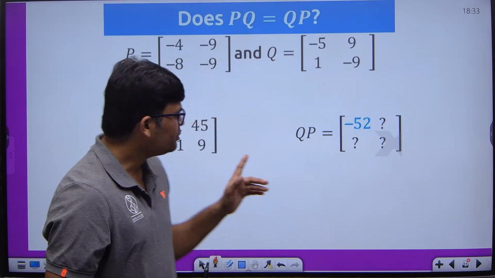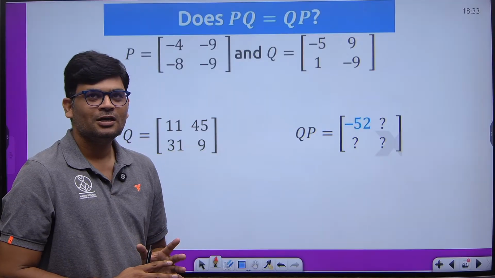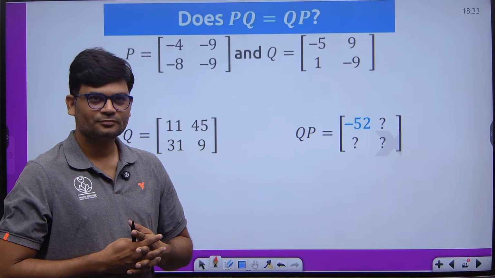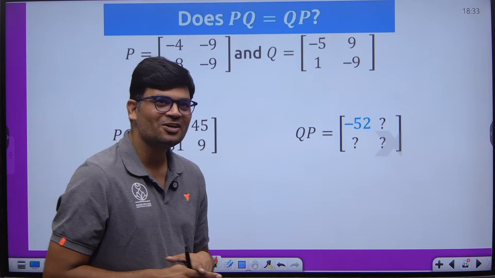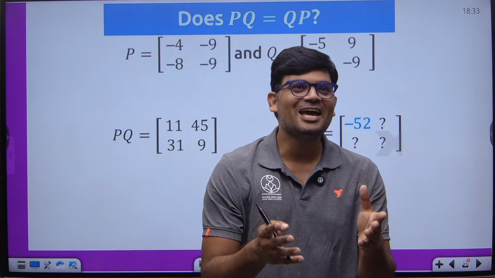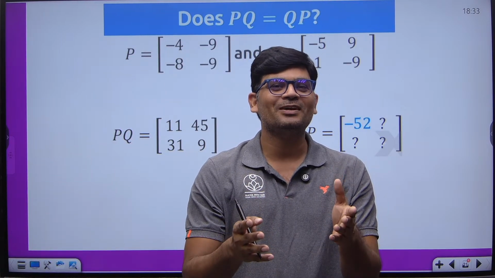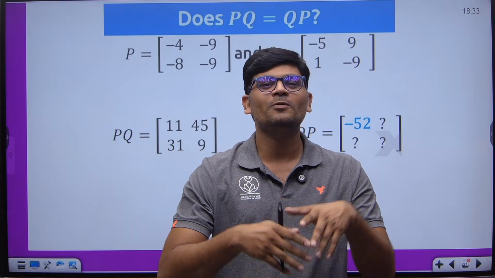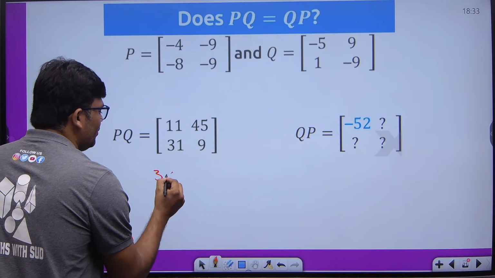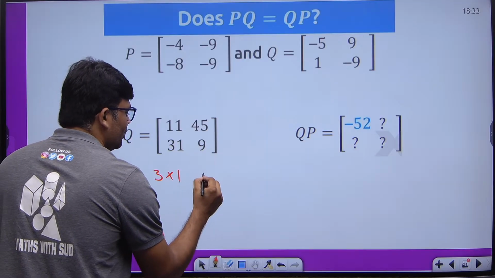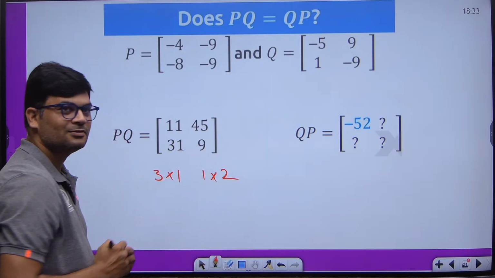But for the case of multiplication, what do you think? Is it commutative? Sometimes, dear, it may happen that the commutative property won't hold. Suppose I say a 3 by 1 matrix multiplied by a 1 by 2 matrix.